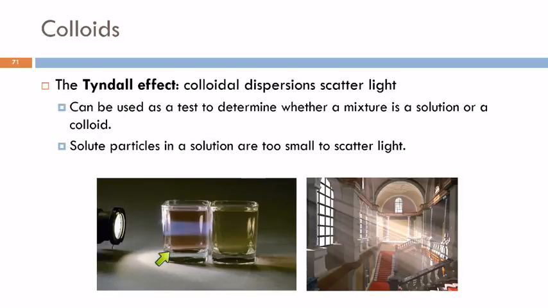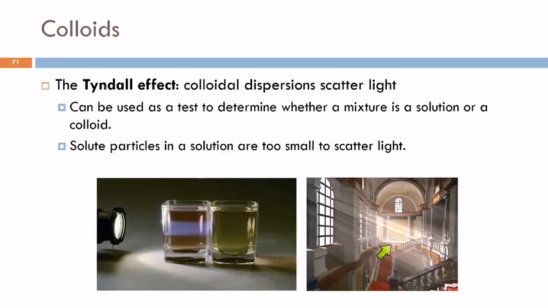But you can have dispersions that are actually clear, transparent. If you take a beam of light and shine it through a colloid, the particles are large enough to scatter light, and so you see the beam of light. This other container is a solution. The particles here are smaller. They're not large enough to scatter the light, and so you don't see the beam of light.